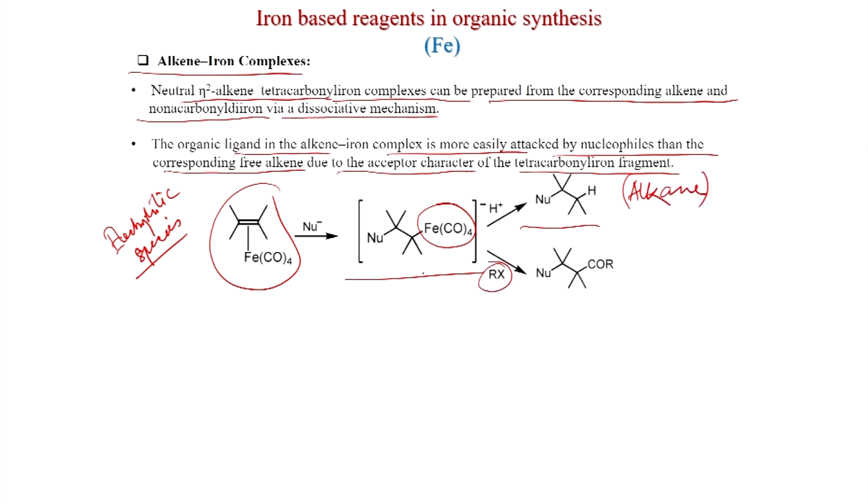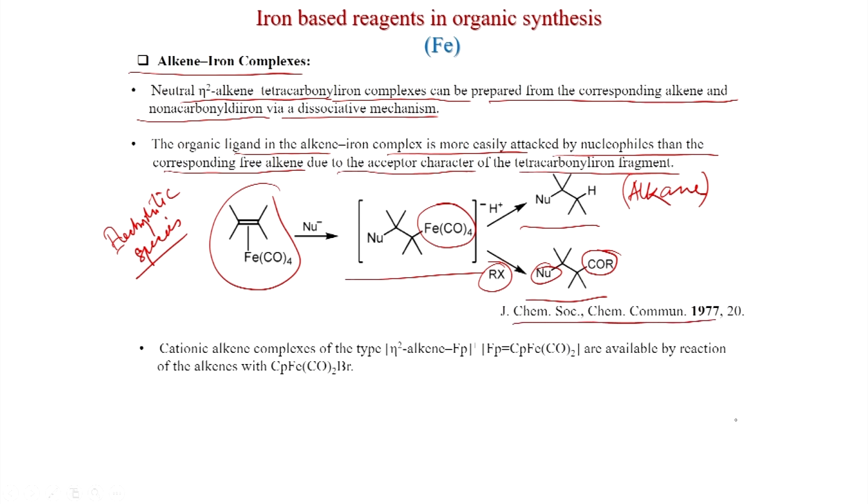Also, this is interesting, if you put RX, then a COR group will come. So, one carbon monoxide inserts into the carbon iron bond and then R adds. So, you get this compound. So, on one side the nucleophile, on the other side a COR group, and this was published in Chem. Commun. 1977. On the other hand, cationic alkene complex. So, this one is anionic.